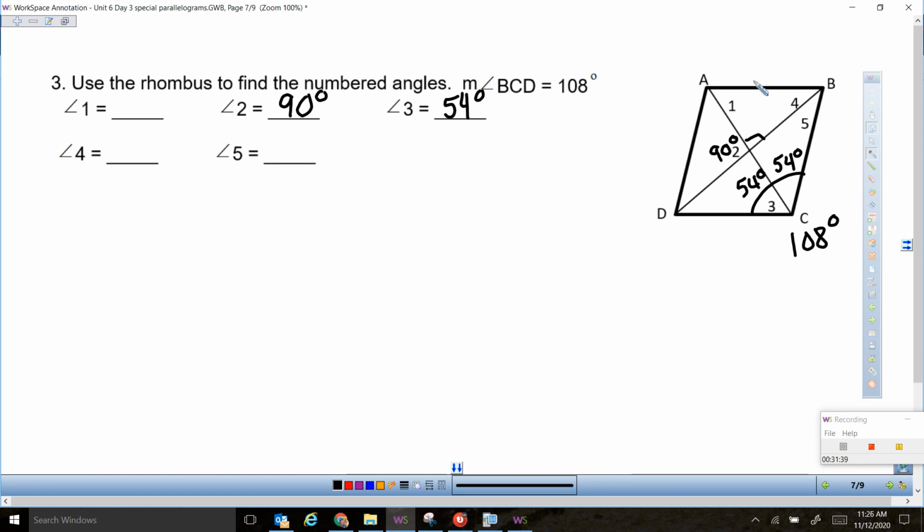And if I know that it's a rhombus, that means it's also a parallelogram. So that means the top and bottom sides are parallel. And if angle 3 is 54, then the alternate interior angle is also what? 54. So angle 1 is also 54 degrees.